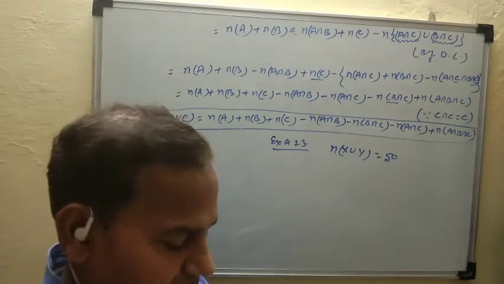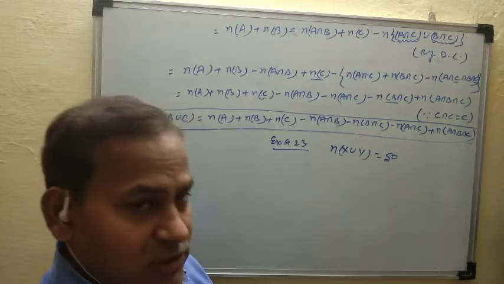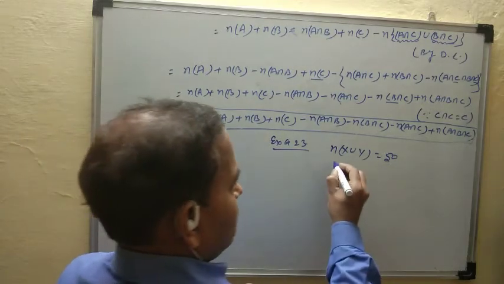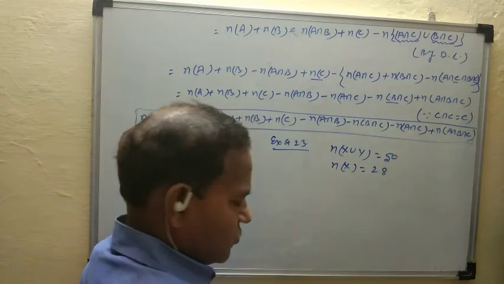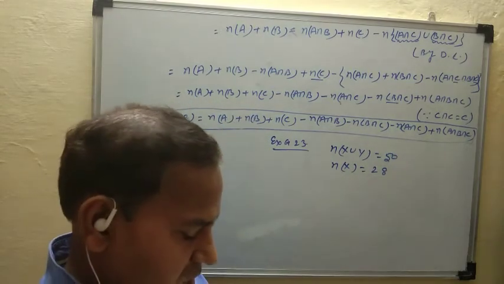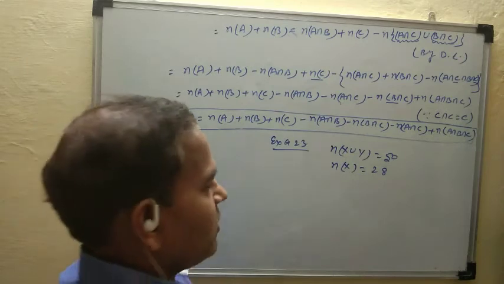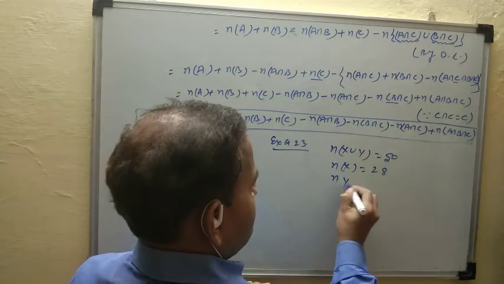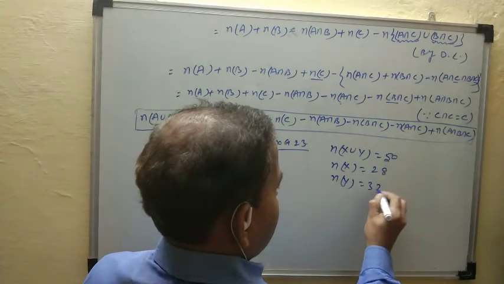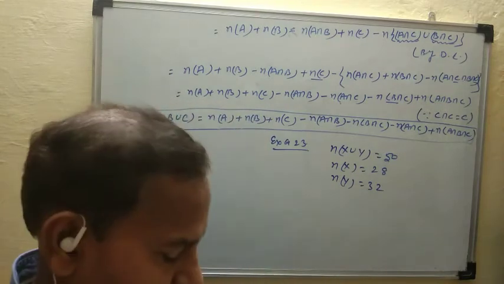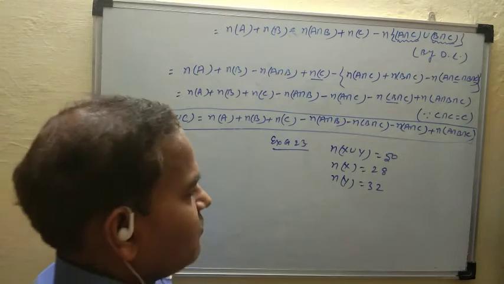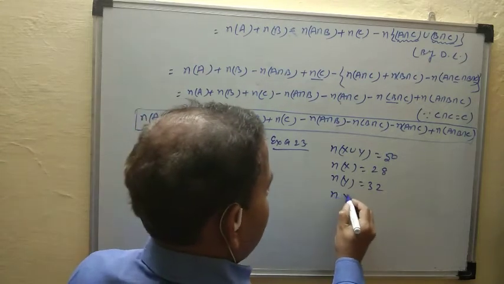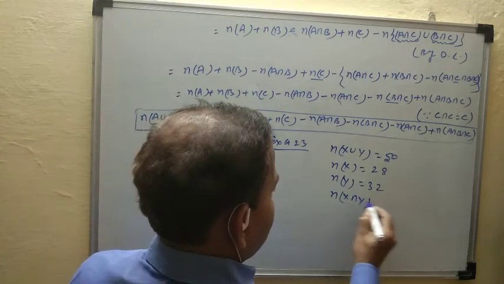X has 28 elements, that is, number of X is equal to 28. Y has 32 elements, that is, number of Y is equal to 32. How many elements does X intersection Y have, that is, find number of X intersection Y.